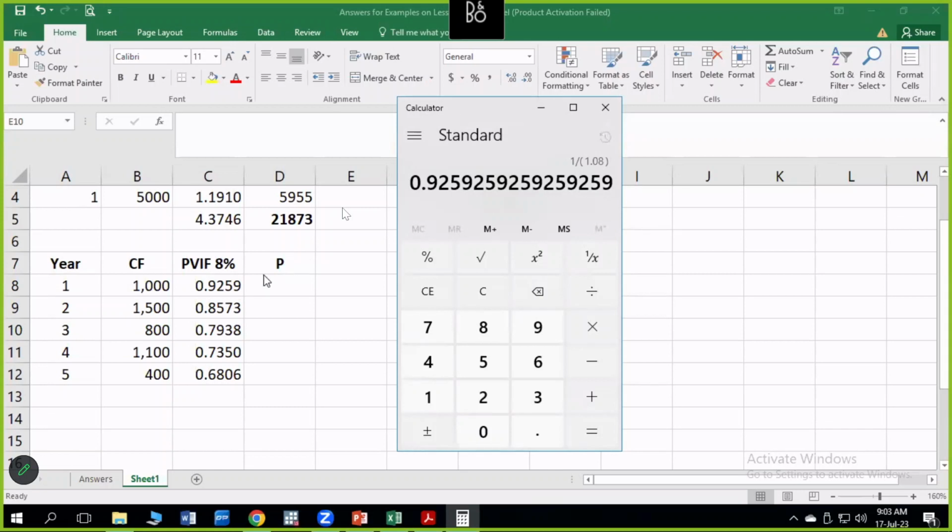If you take the full value, the answer would be wrong. So you want to have the 4 digit value only.